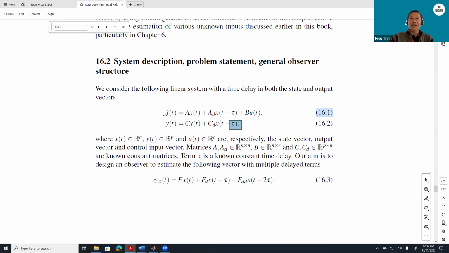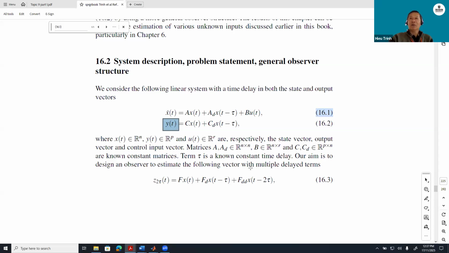The question there is, the output measurement is delayed, so how can we use that output measurement vector to asymptotically estimate the instantaneous stack vector of a time delay system?